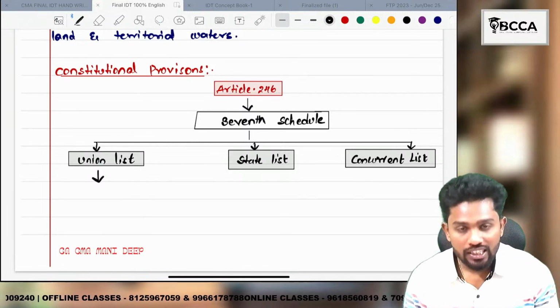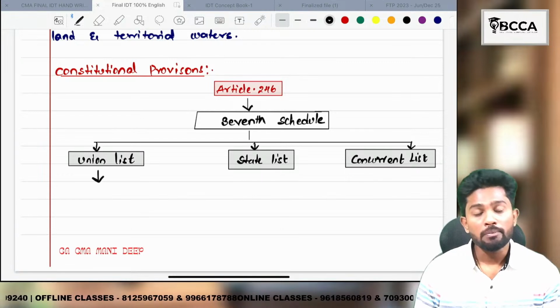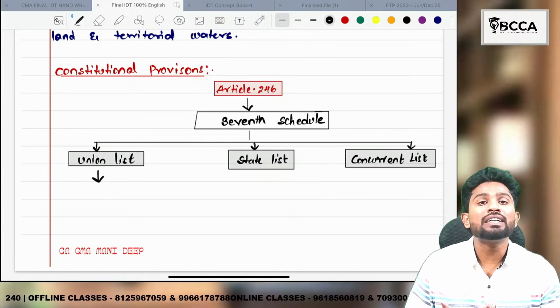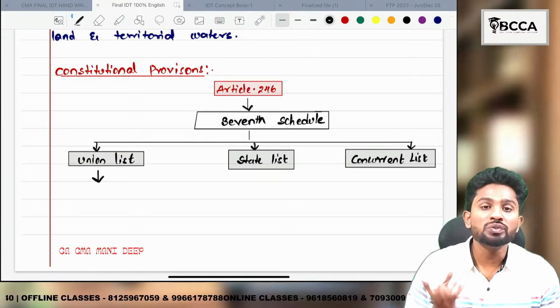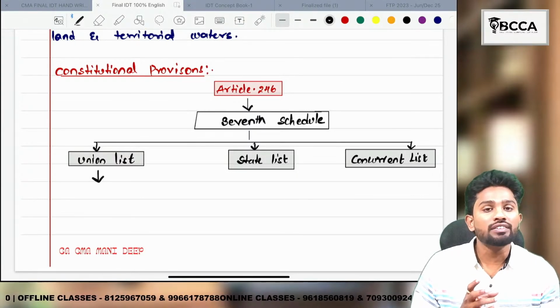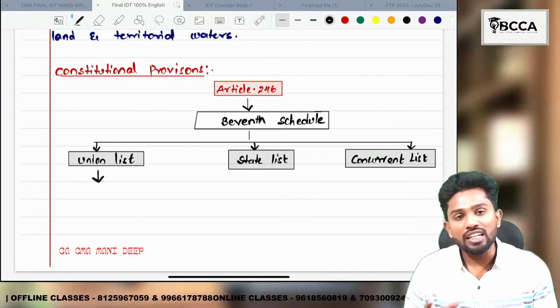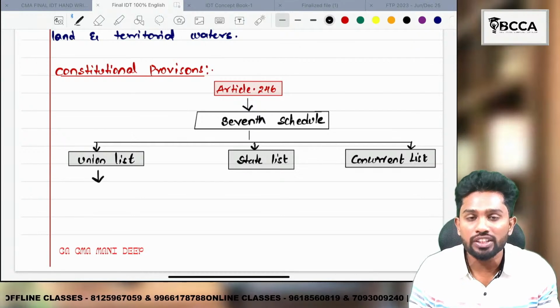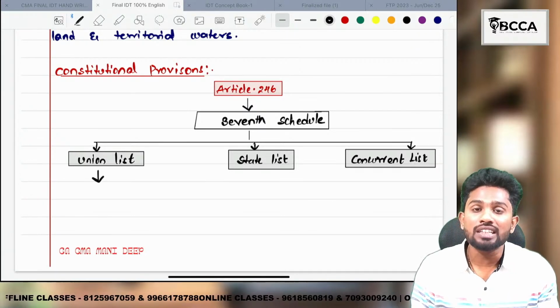So that's why the Article 246 Seventh Schedule also outlines the matters or the transactions through which the central government can generate revenue, which are listed in the union list. The items or transactions through which the state government can levy are given in the state list, and there are certain matters in the concurrent list.